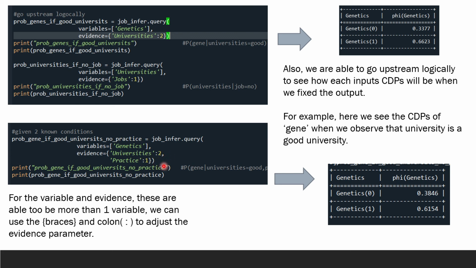And remember that this parameter has to be in the brackets. For the variable and evidence, which are able to be more than one variable, we can use brackets and colon to adjust the evidence parameter. Let's go next.